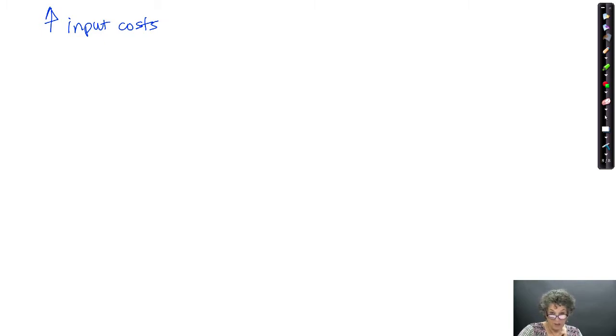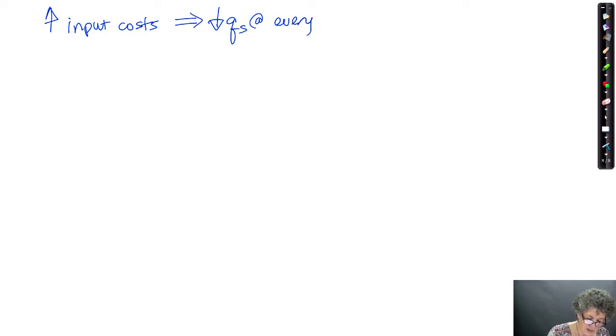We're going to spend a week and a half, 2 weeks I think, talking about why, so just trust me on this, if you would. So when there's an increase in input costs, there's a decrease in the quantity supplied at every price. The amount that the sellers would be willing and able to sell at each price goes down because it's costing them more to produce and it's just not as profitable for them to do the production.